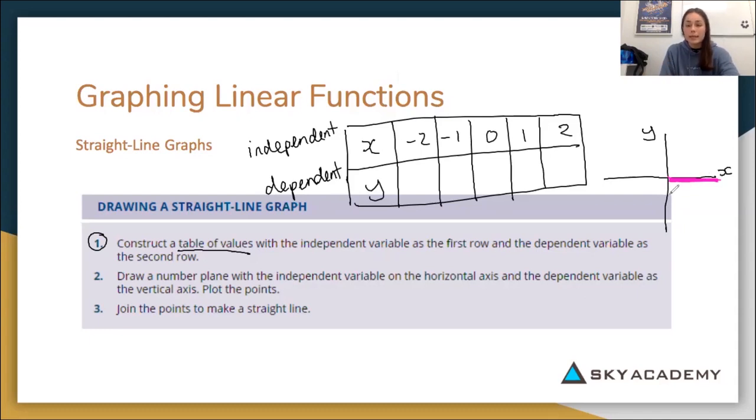Whereas if you have a building in yellow, the building is dependent on the ground being there. If the ground was to break, for example, an earthquake, then the building would fall because it is dependent on the ground.